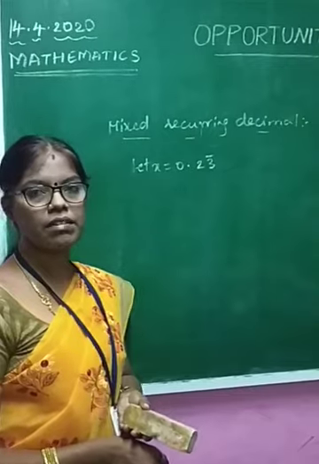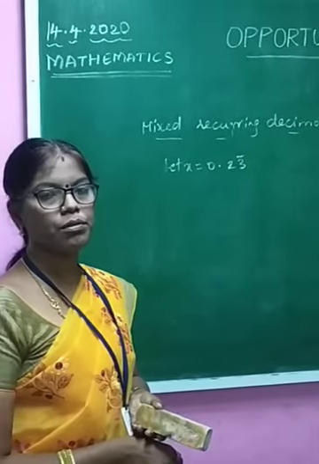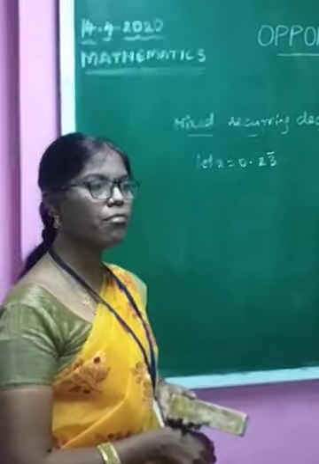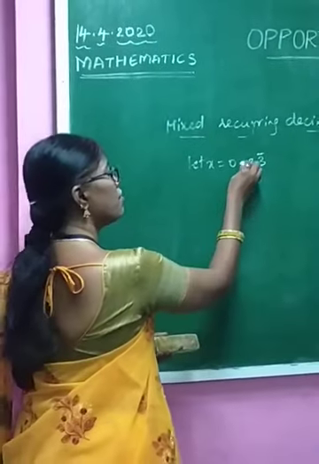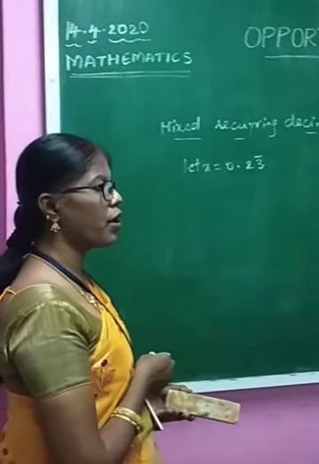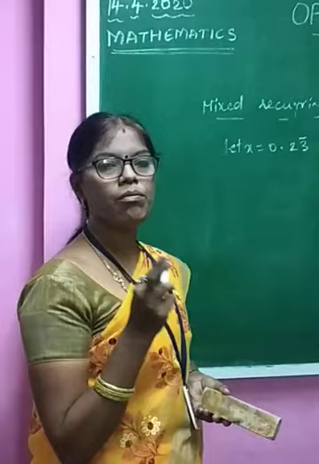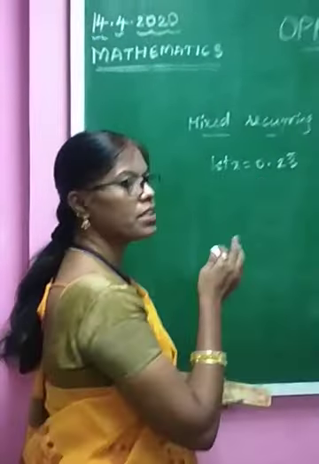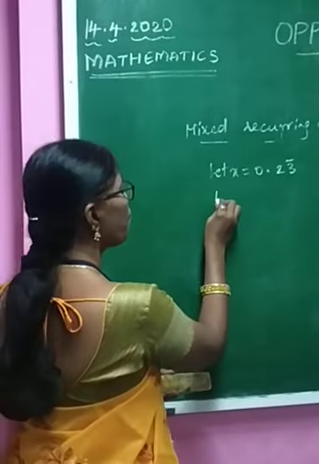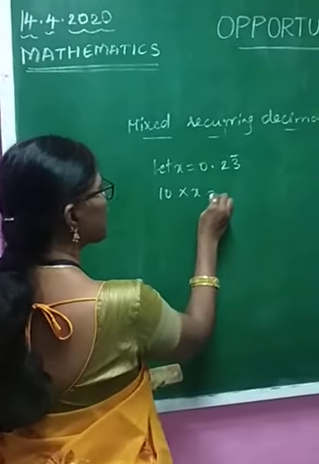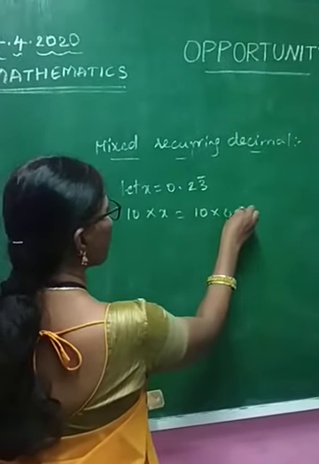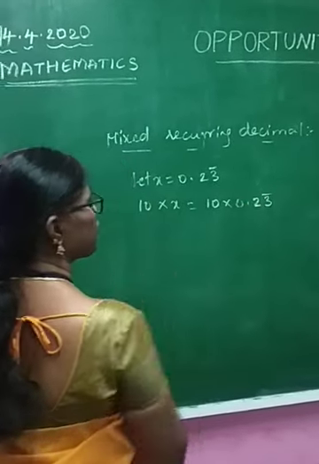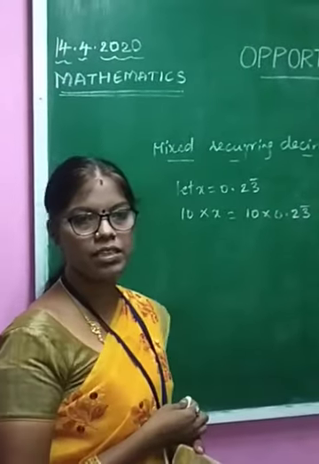Now we are going to convert this in the form of P by Q. How to convert this in the form of P by Q? For that, you see after the decimal point, how many digits are there? Only one digit is there for the non-recurring part. So let us multiply with 10 on both sides. So 10 into x, 10 into 0.2 bar 3. Why are we multiplying only with 10?